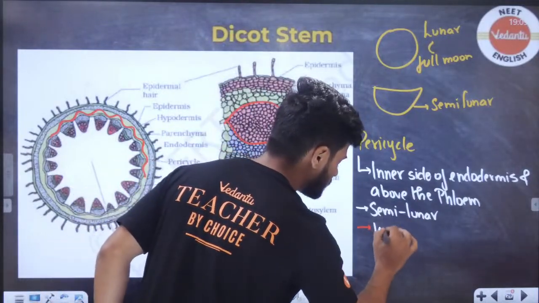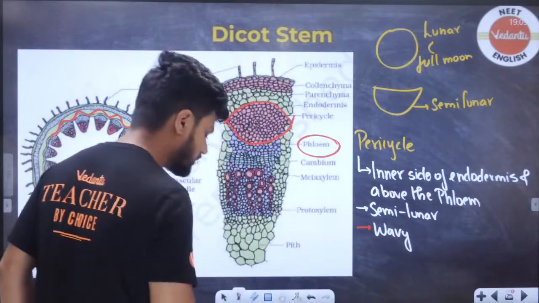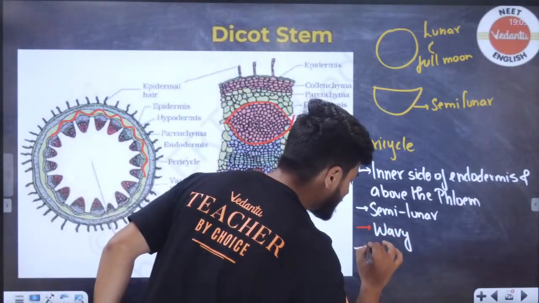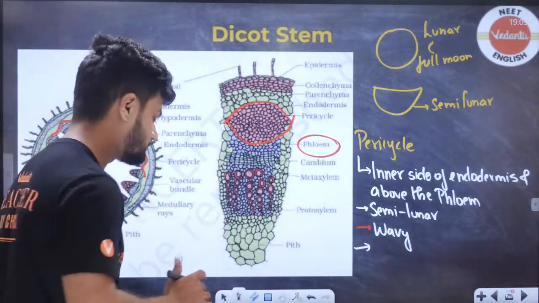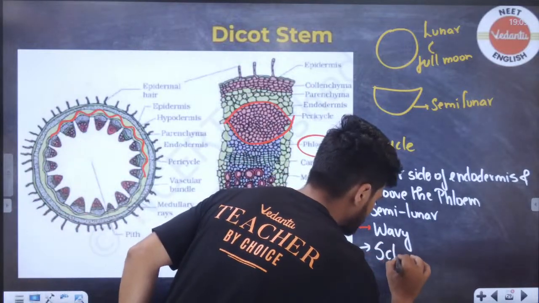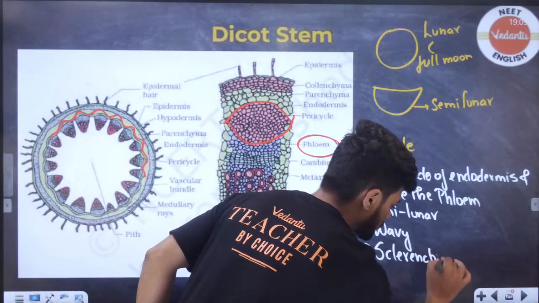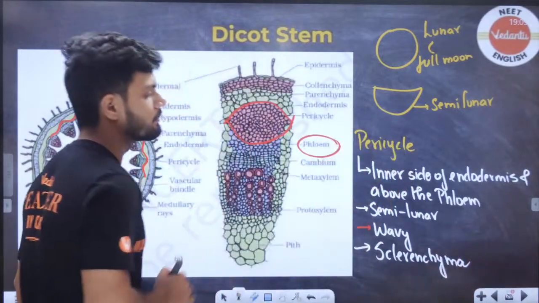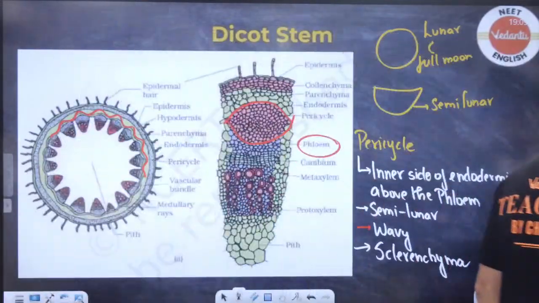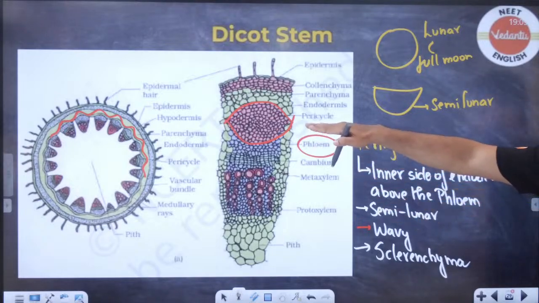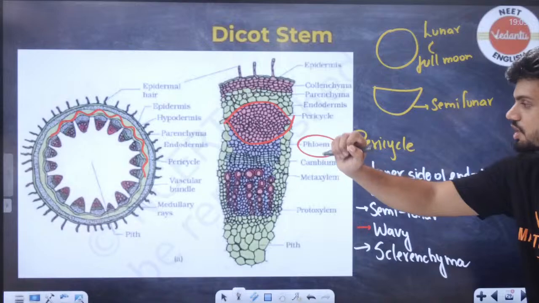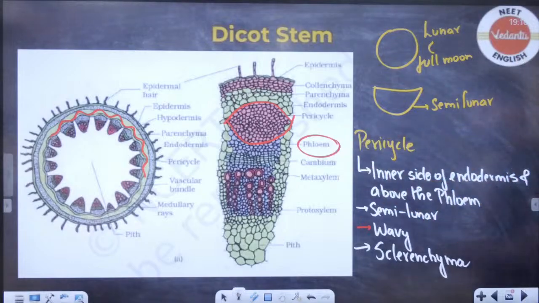Apart from that, the pericycle is made up of sclerenchyma, and that is the entire thing about your pericycle. So it is inner side of the endodermis and above the phloem, semilunar shape, wavy in nature, and also it is made up of sclerenchyma.